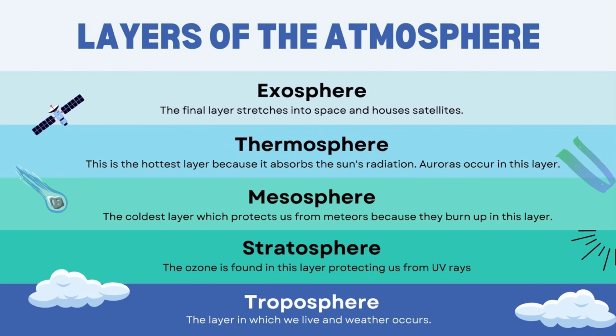Next is the mesosphere. This is the coldest layer, which protects us from meteors, because in this cold temperature the meteors will burn up and never reach the troposphere. Next is the thermosphere. This is the hottest layer because it absorbs the sun's radiation, and auroras, the phenomena of color, happen in this thermosphere.